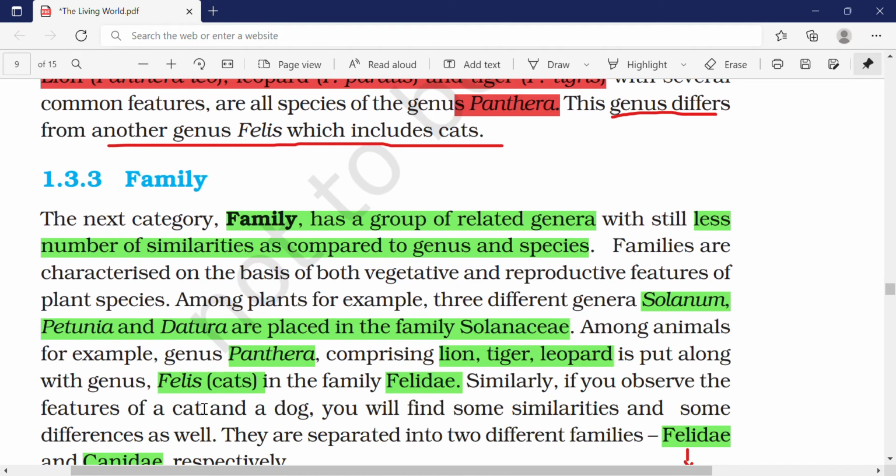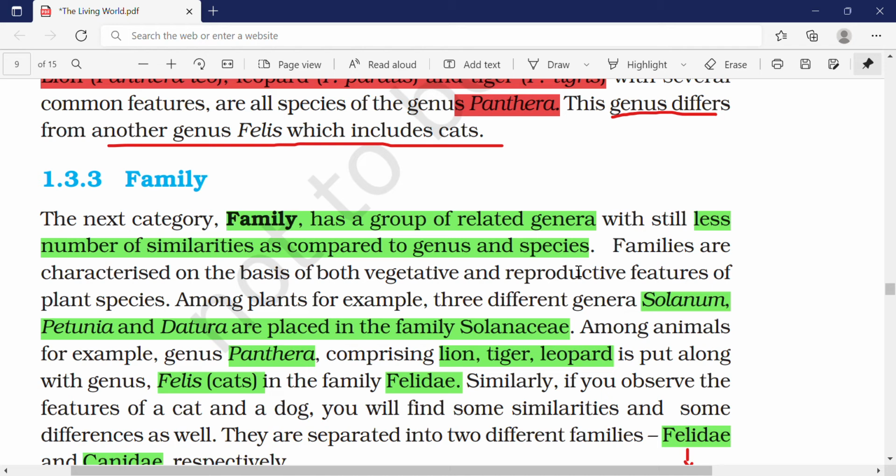Next, family. Family has a group of related genera. So species, then we go to genera. Genera is a group of species. So family is a group of related genera with still fewer similarities compared to genus and species. Let me ask you a question. Where are the most similarities present in the taxonomical hierarchy?